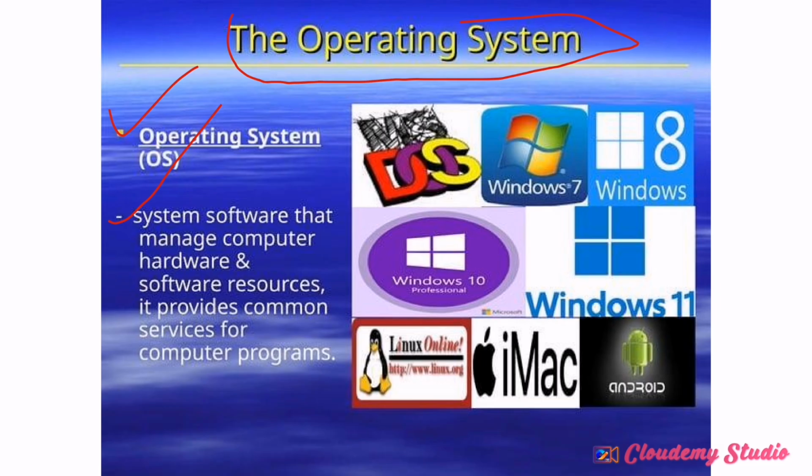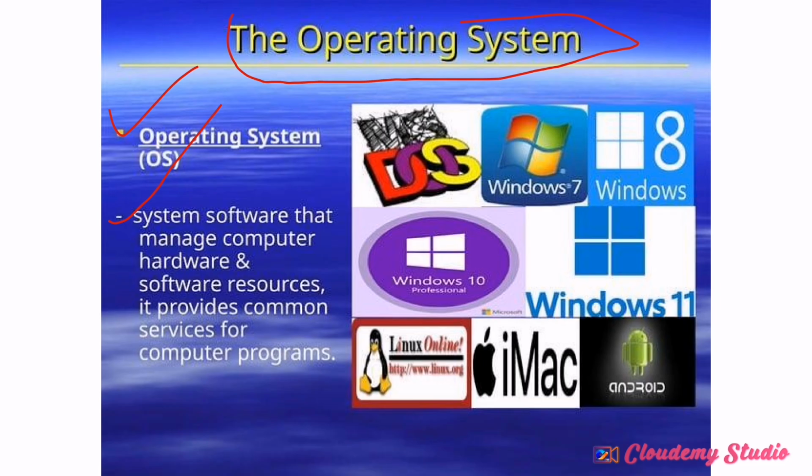Operating system is software that manages computer hardware and the software resources. It provides common services for computer programs. So it's a system software that manages computer hardware and the software resources.